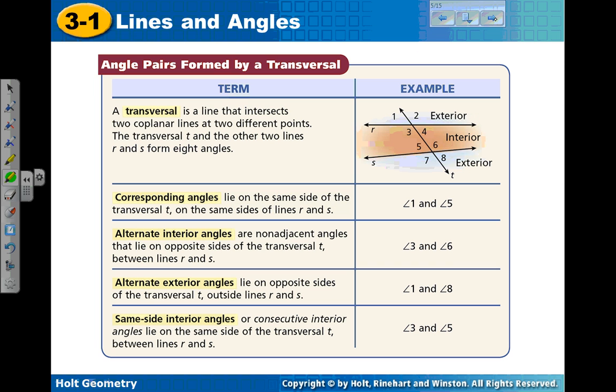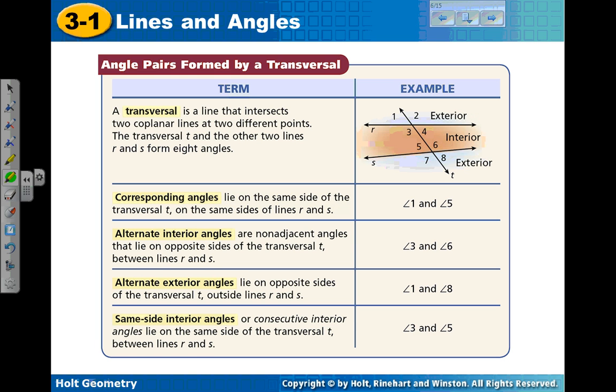Okay, moving on. Now, here's where we get to the really fun stuff. We're going to talk about lines and a transversal and angles that come from those lines and transversals. So first of all, a transversal is a line that intersects two coplanar lines at two different points.